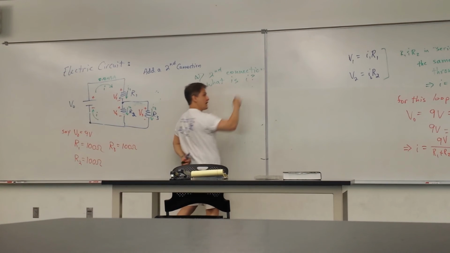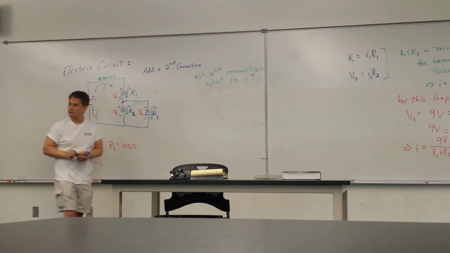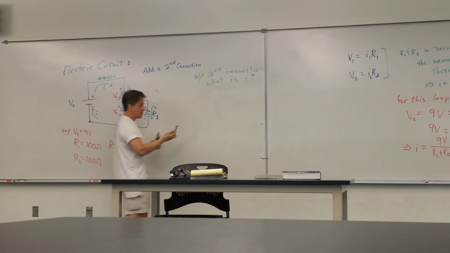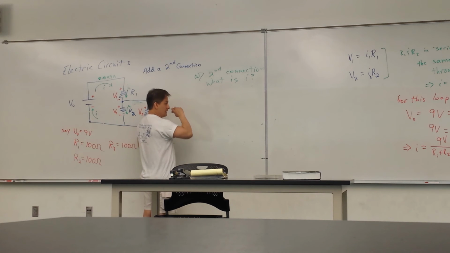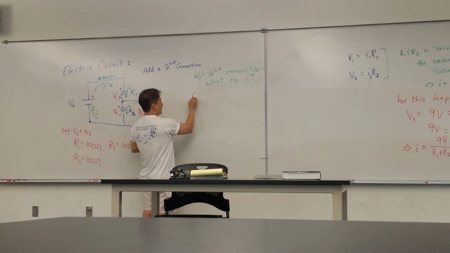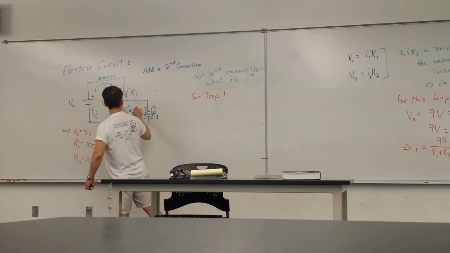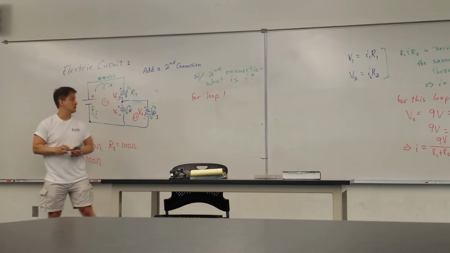So we'll play the same game. We've got two things going on, two ways to process this. First of all, for loop 1, now I have to give some numbers to this. There's loop 1, and there's loop 2.